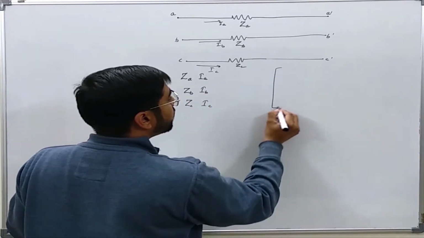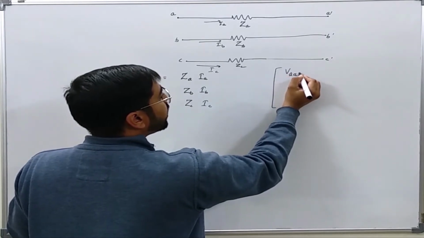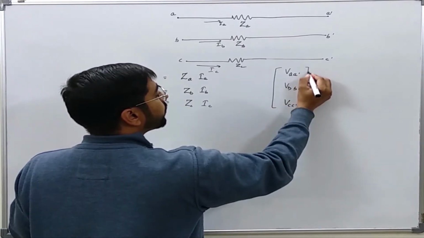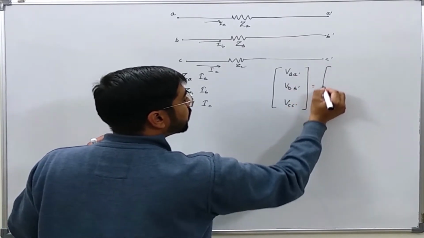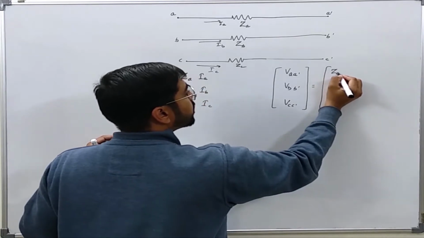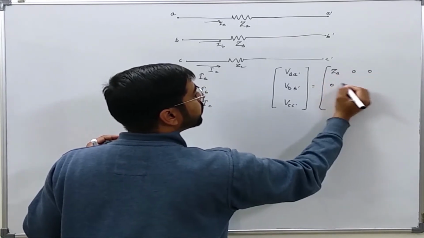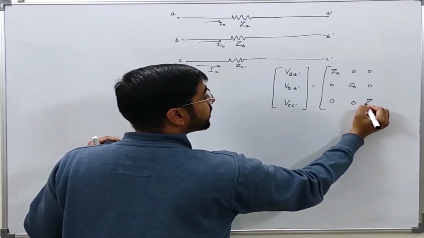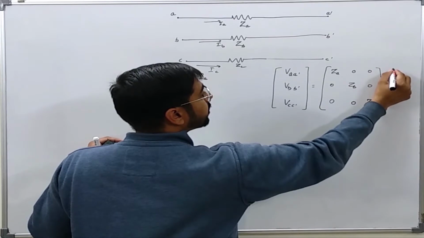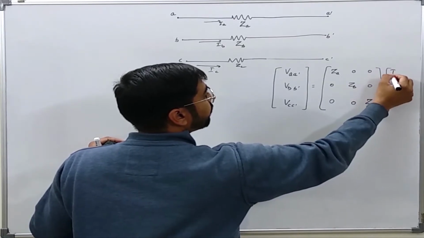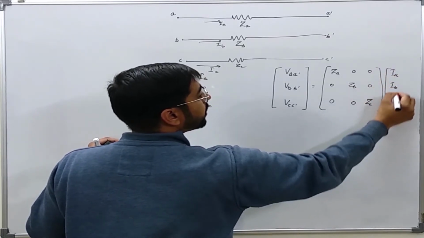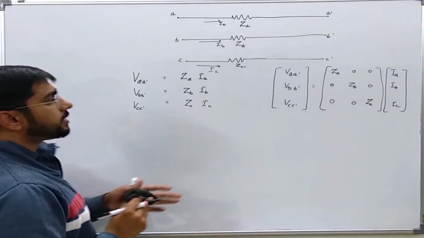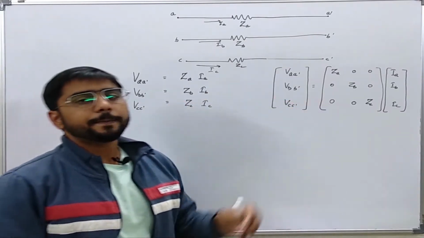The voltage drop vector VAA dash, VBB dash, VCC dash is equal to the matrix ZA 0 0, 0 ZB 0, 0 0 ZC, multiplied by the line current vector IA, IB, IC. This is the same equation in matrix form.